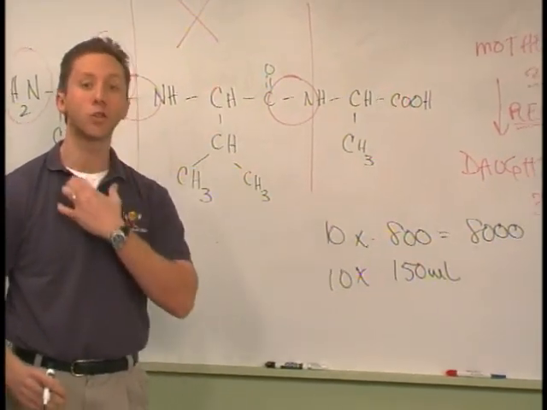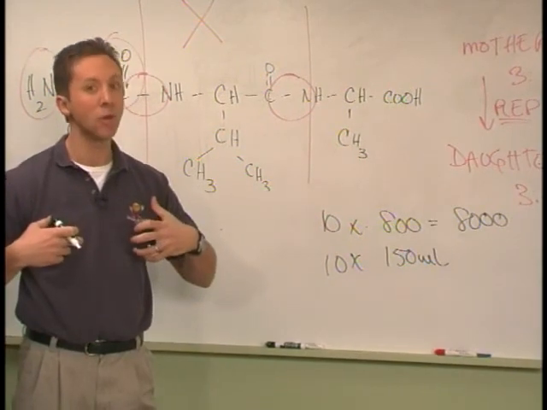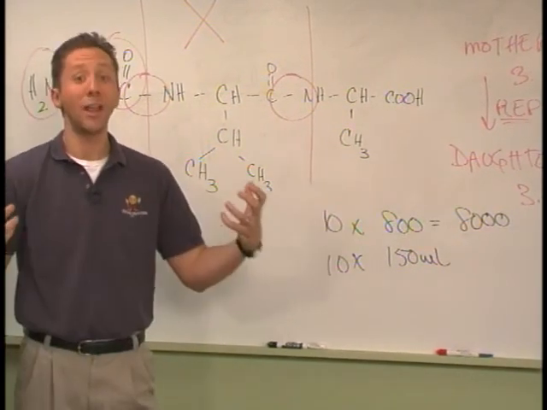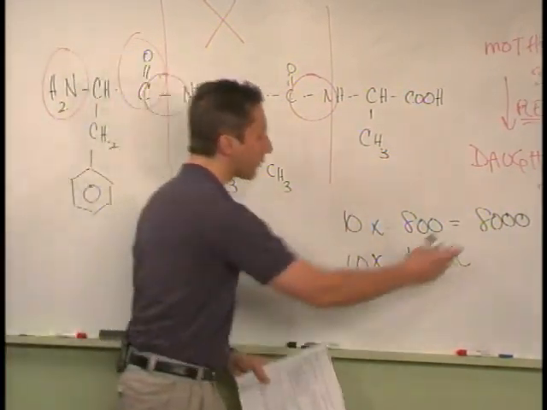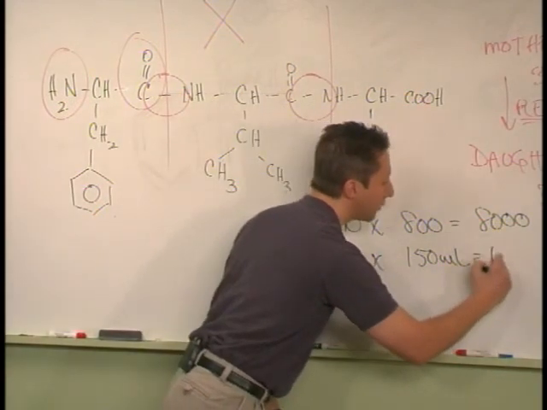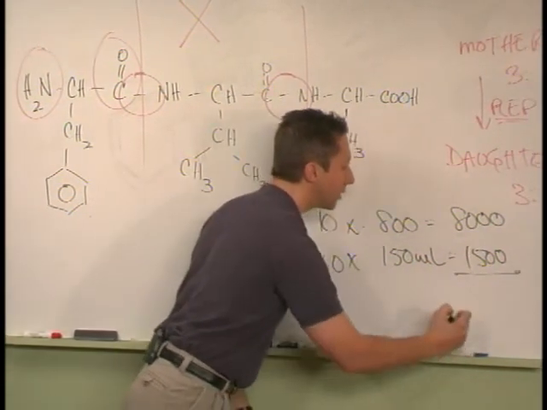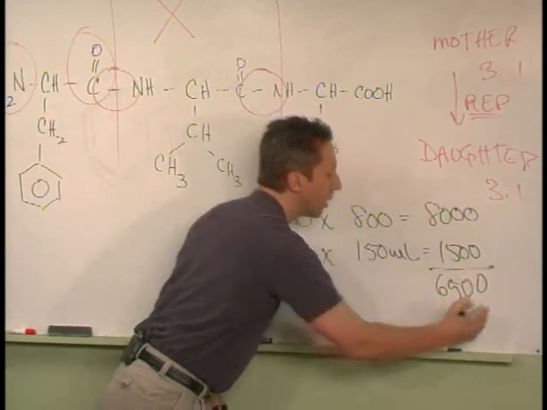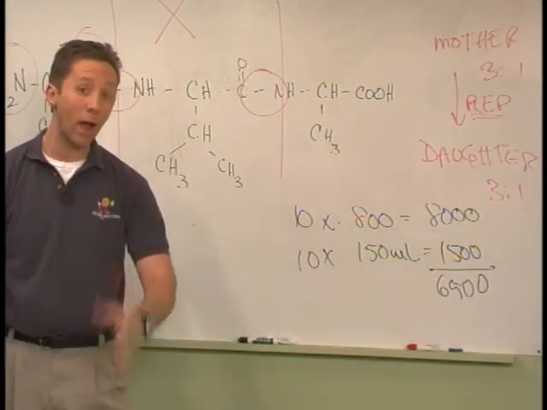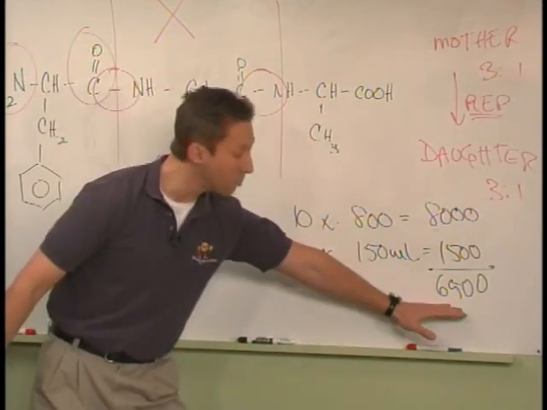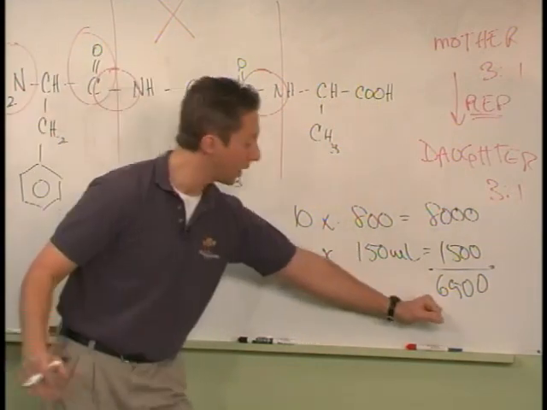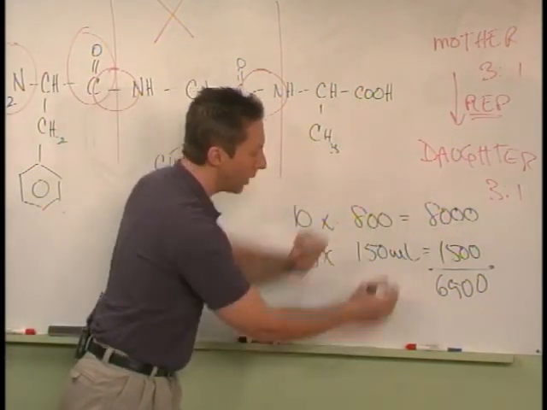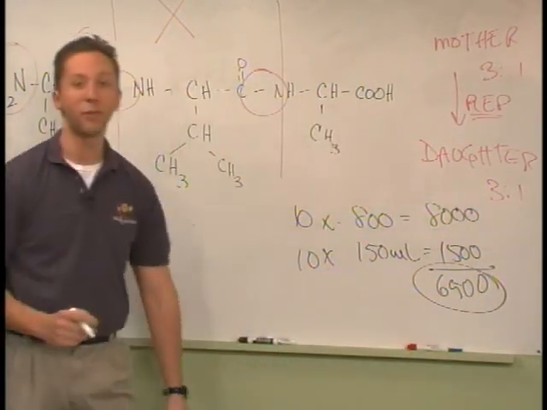In other words, the trachea itself, the bronchi, right? Those are not alveoli. Those are dead space. So we have to subtract from this 8,000 this 10 times 150, or 1,500 milliliters, making the total volume that passes by your alveoli each minute, if you're breathing 10 times a minute and you have this kind of respiratory volume, 6,500.